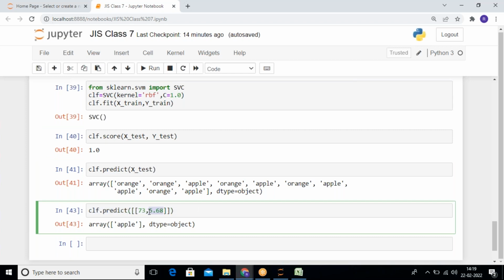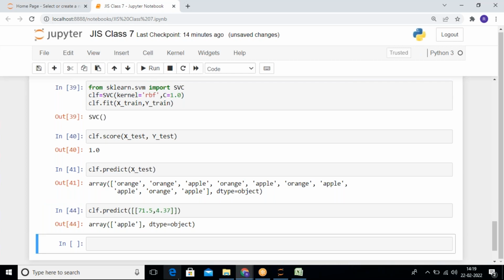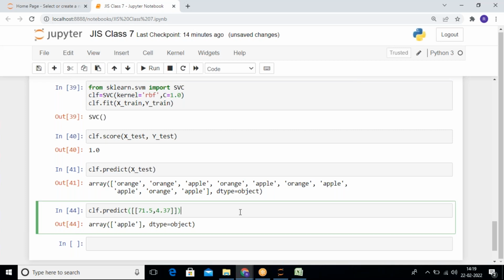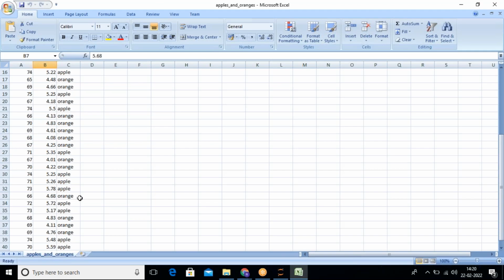Now you tell me the value. 71.5 comma 4.37. Apple. I just validated my model to see whether it is giving correct prediction or not. That was my motive.